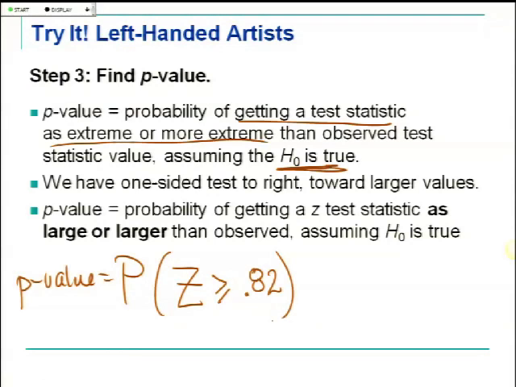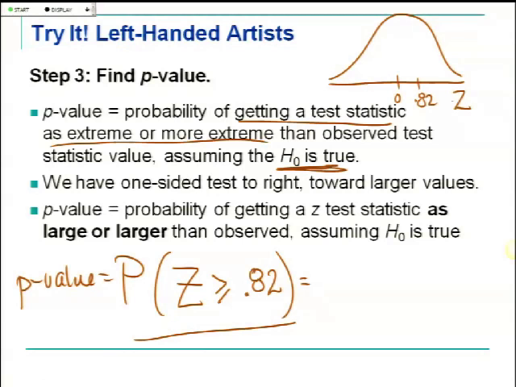0.82 is somewhat large, but is it really large enough? Can you find this probability? Is that one of those basic ones we learned how to do with table A1? I want the area to the right of 0.82. Your table's back on page 56 of your lecture notes. Or maybe you brought that table with you. Now your table gives you areas to the left, and I want an area to the right.